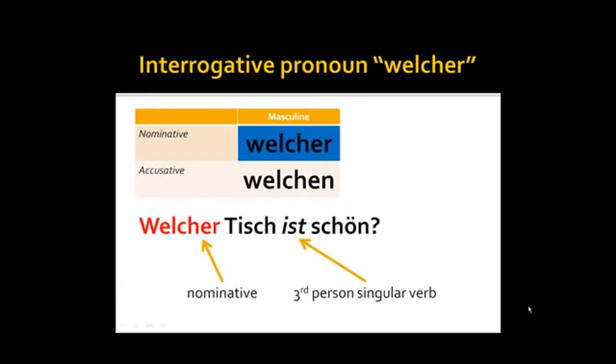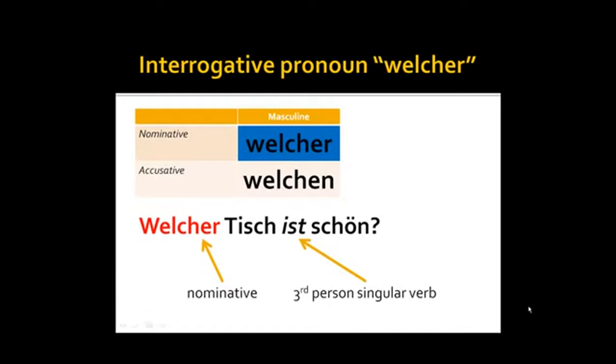Now, I'm going to use the nominative form of welcher because I'm talking about a quality of the table, its attribute. The table isn't performing any action. Therefore, it's going to be in the nominative case. The interrogative pronoun welcher comes at the beginning of the sentence because I'm asking a question.